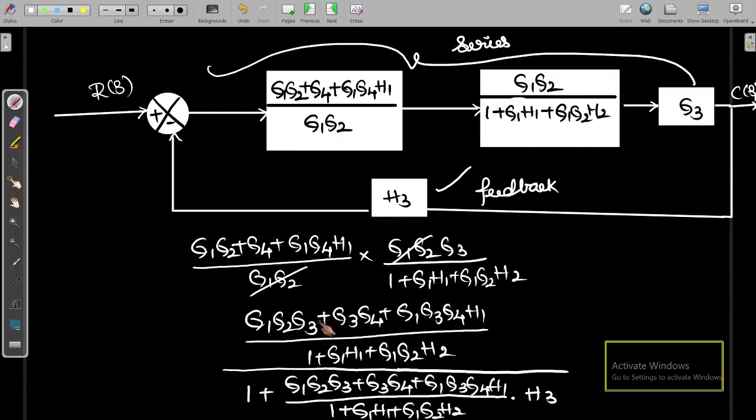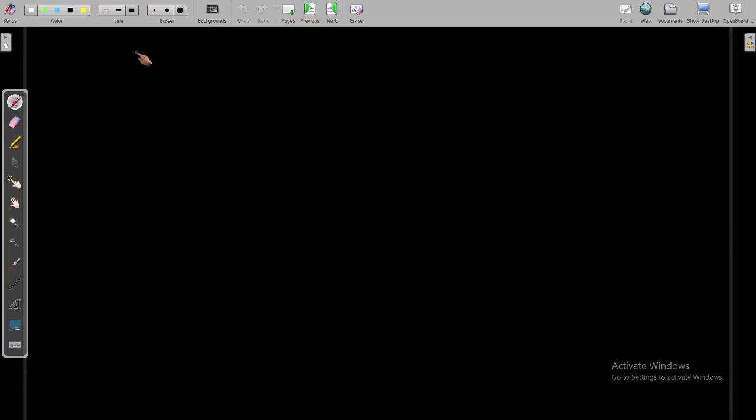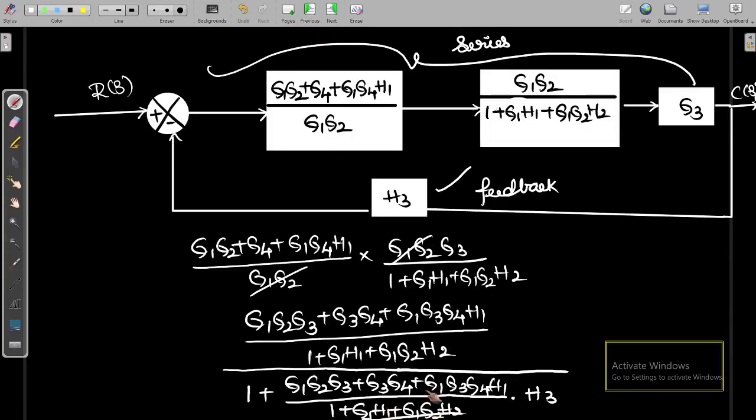With this reduction we are going to write the final answer. The final answer will be C of S divided by R of S. Here the numerator LCM and denominator LCM will get cancelled.